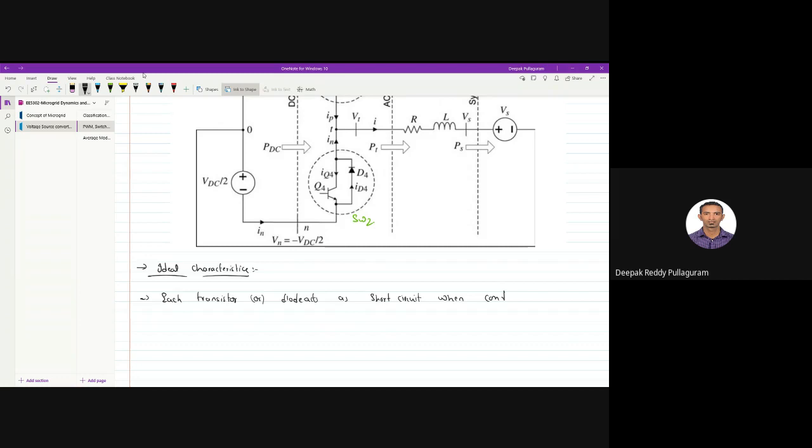When we say conduction mode, we don't assume any forward resistance. We assume it as an ideal short circuit. Okay, this is assumption 1.